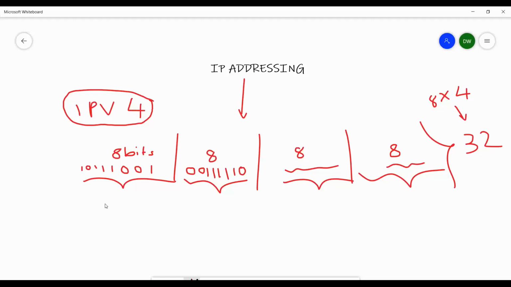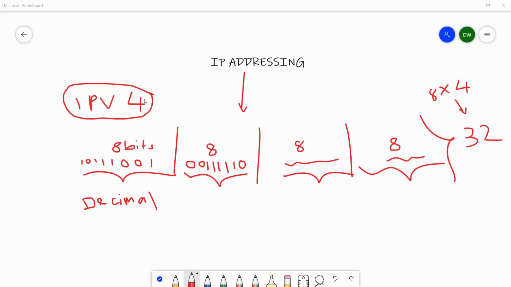So what will happen is when it is given in your computer, we usually convert this binary value into a decimal value. Right, so I'll quickly calculate this to decimal. I'm not calculating using that manual method.